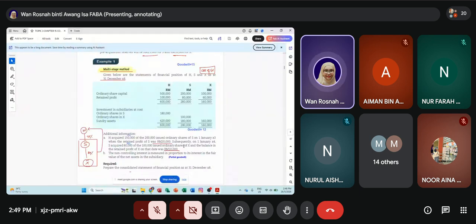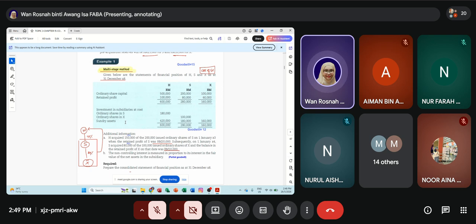And if you notice, in this question, H acquired S, and S acquired X with 100,000.